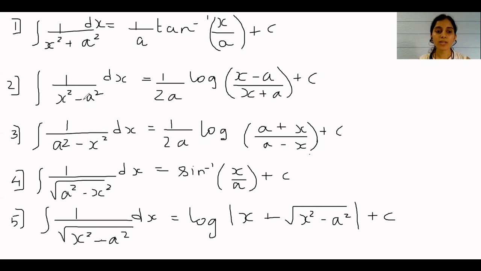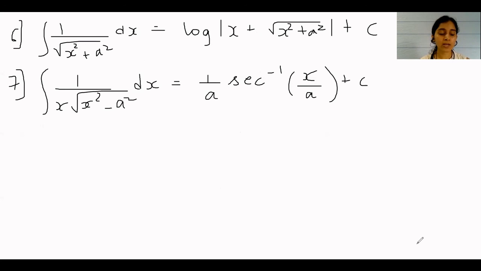Okay, if the denominator has minus a square, then the numerator on the right hand side will have minus a. If the denominator has plus a square, then the numerator will have plus signs on the right hand side. Okay, so this is for 2 and 3. Then you can combine 5 and 6 together.